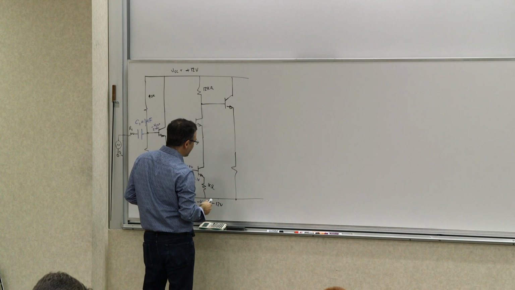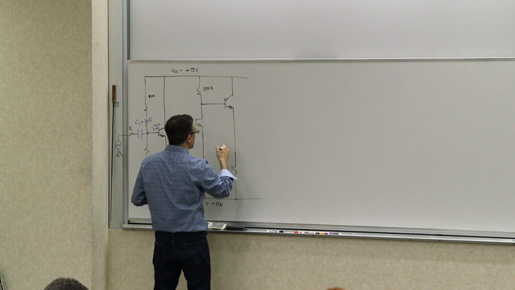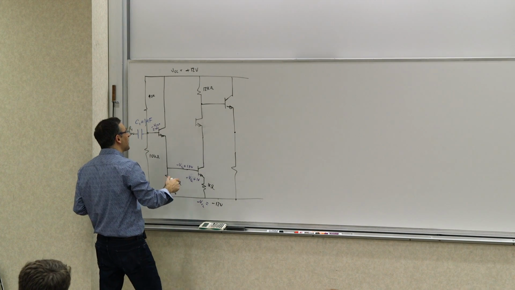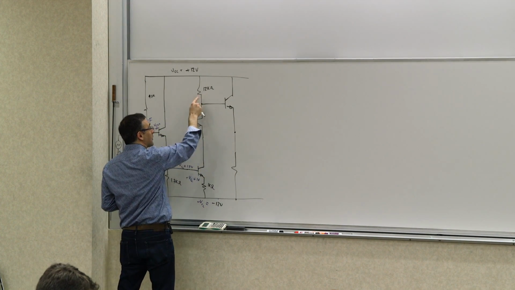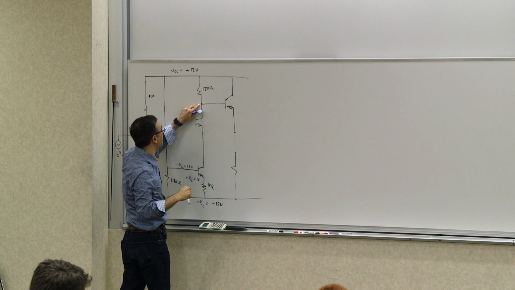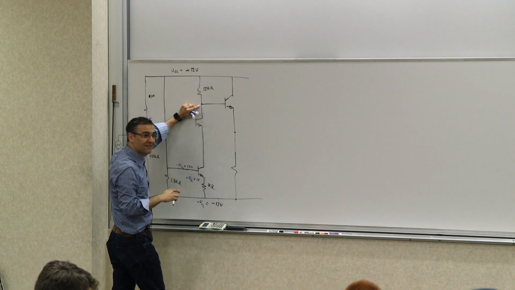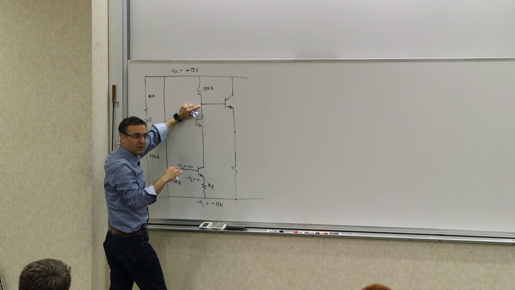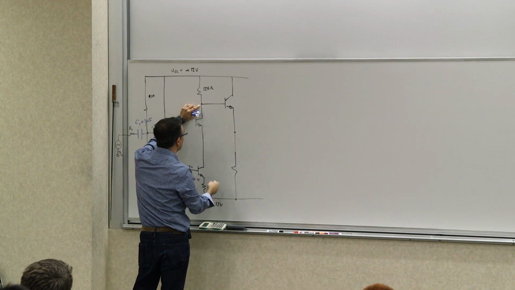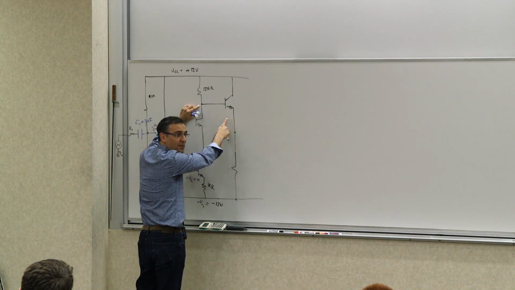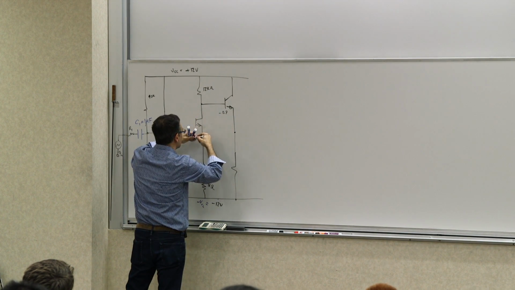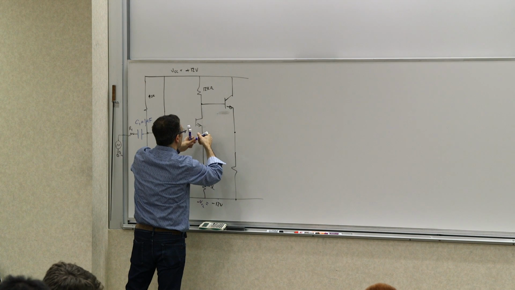Let's keep this. Now if that's the case, I want the output voltage, if it's drawing 1 milliamp out of 12 kilo ohms, it would be 12 volts below VCC. So this would be around 0, halfway in between negative 12 and positive 12. So this is another 0.7 drop, so this voltage is around negative 0.7.